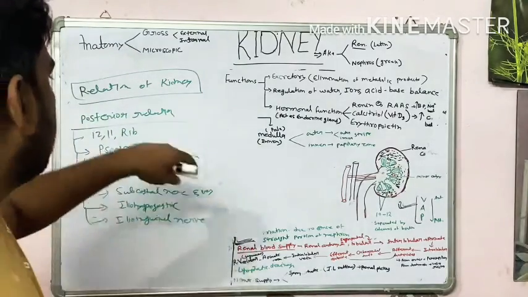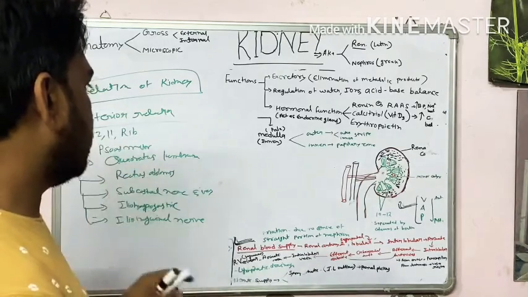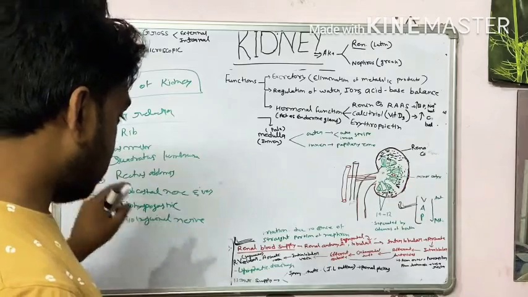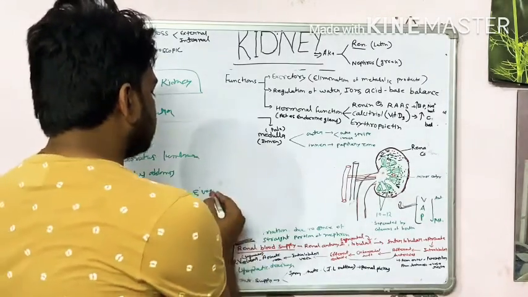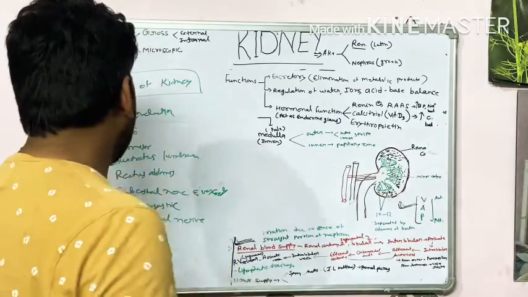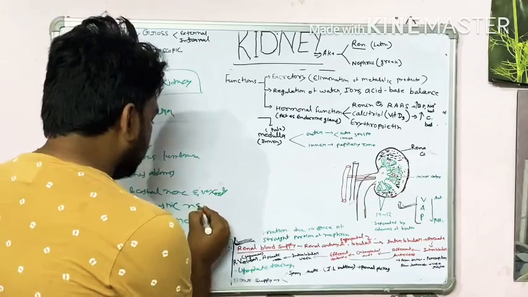The posterior relations of the kidney are the 11th and 12th ribs, psoas major muscle, quadratus lumborum muscle, rectus abdominis muscle, subcostal nerve and vessels, iliohypogastric nerve and ilioinguinal nerve.